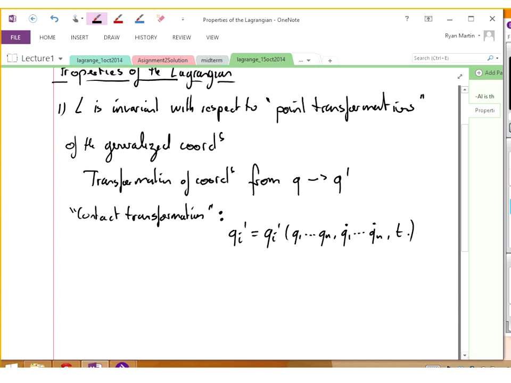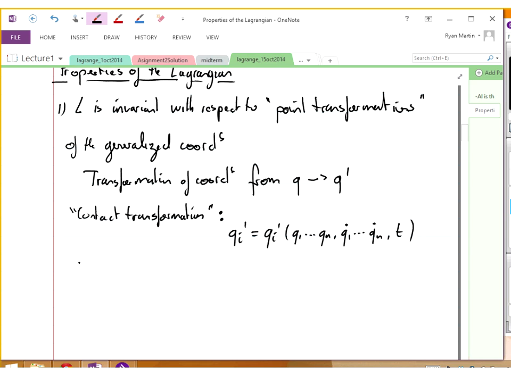That is the most general type of what we call a contact transformation. Okay, and for this transformation to be allowable, there are certain conditions that this function Qi prime must satisfy, such as being continuous, differentiable, invertible, which means that the Jacobian of the transformation is non-zero.